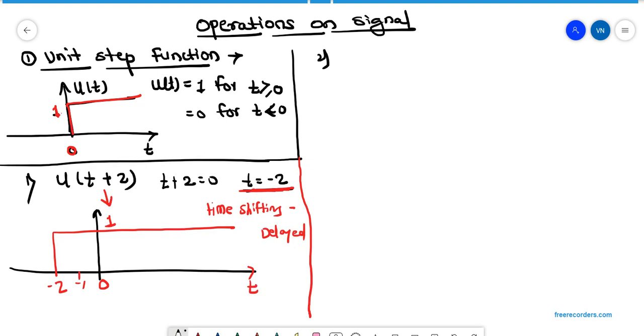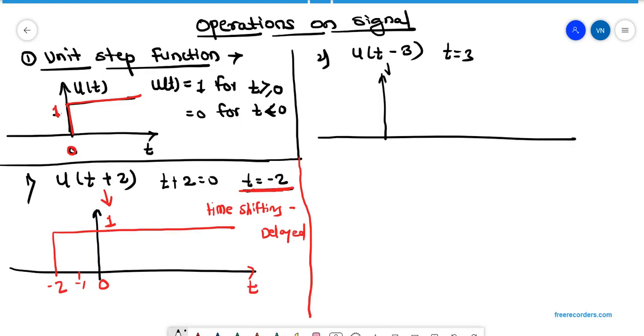For the second example, suppose I write t minus 3. Mathematically, t is equal to 3, which means I have to shift that signal by 3. If I draw that signal, u of t minus 3, then the signal starts from 1, 2, 3 onwards, and its amplitude becomes 1.